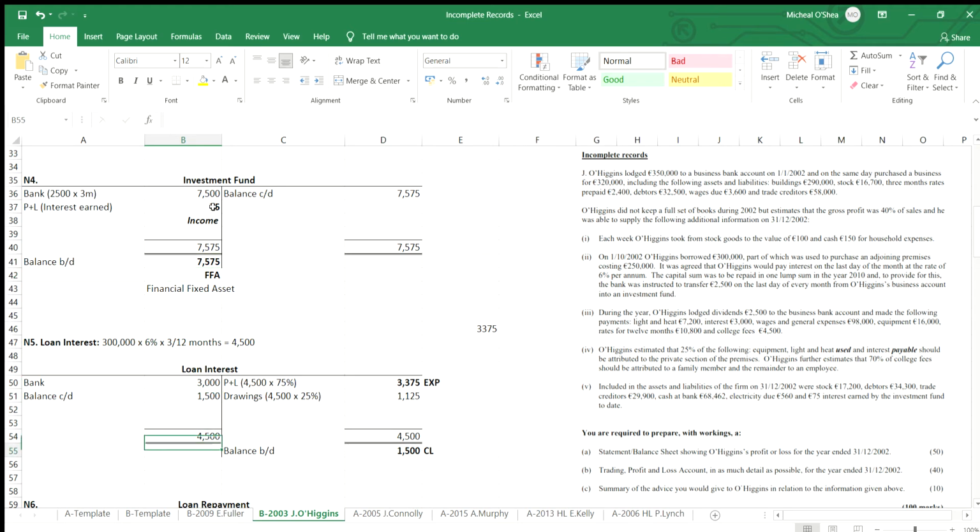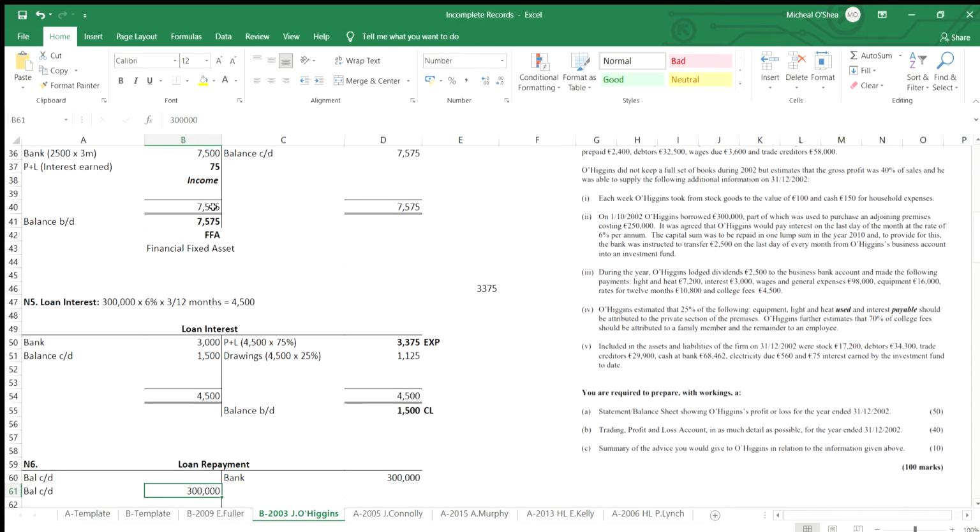So I can move on from that to look at loan interest. So for the loan, what happened? Well, I borrowed 300 grand, the 300,000, and I have to repay it at 6% interest per year. So how much interest did I have to pay this year? Well, we can't forget that the loan was only taken out on the 1st of October, which means for this year I only had the loan for October, November and December.